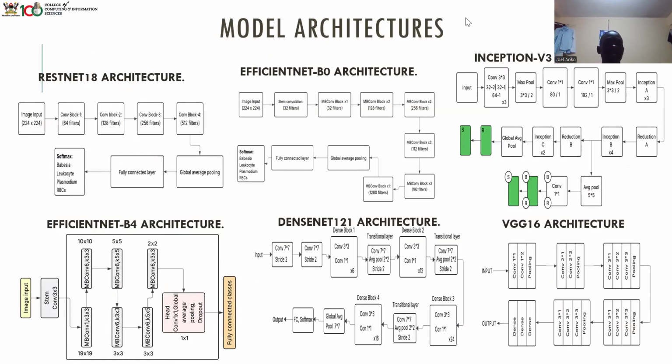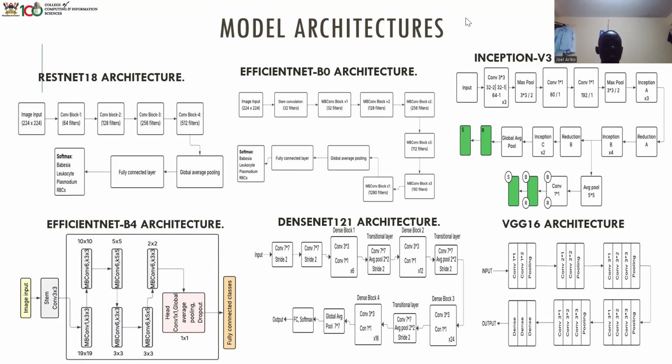For example, one of my colleagues built a model on ResNet 18 architecture, and also the EfficientNet B4 architecture, Inception architecture, VGG, all these, and we were able to evaluate these results using the metrics, that is the precision, F1 score and recall.